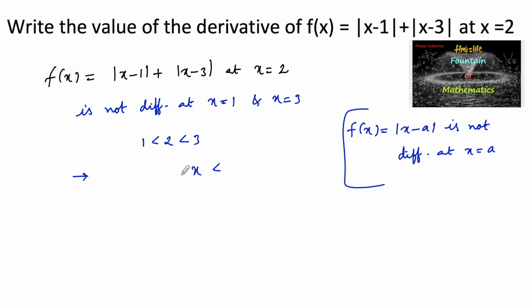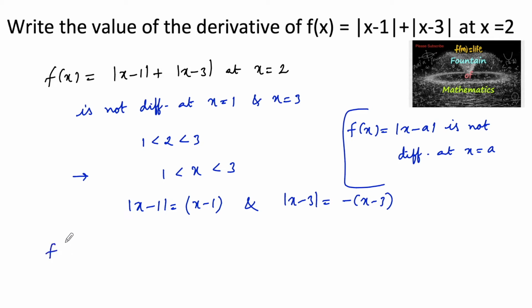For x lies between 1 and 3, mod of x minus 1 is equal to x minus 1 because x is greater than 1, and mod of x minus 3, it is below 3, so we can consider negative of x minus 3.